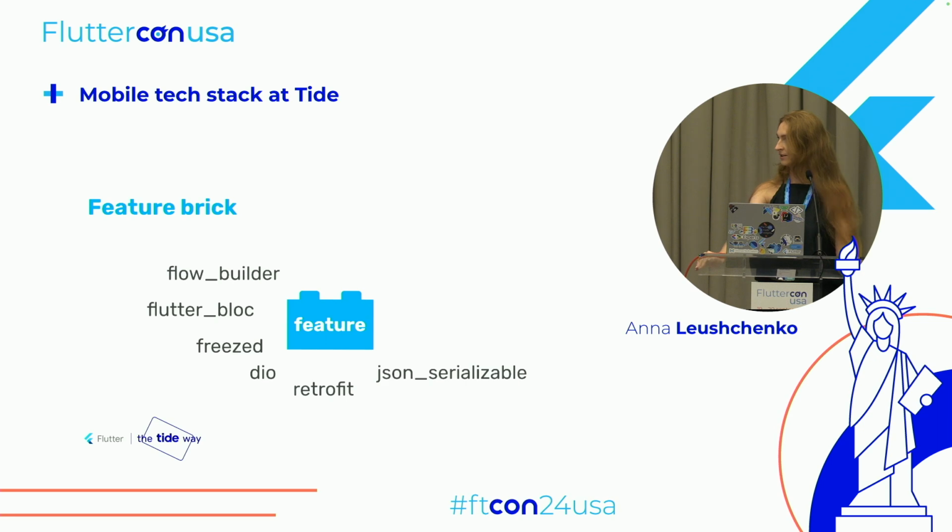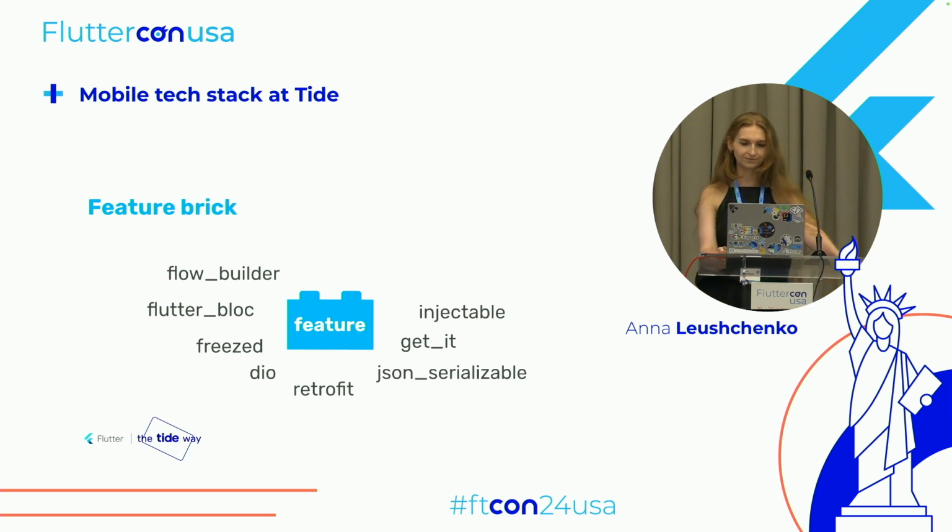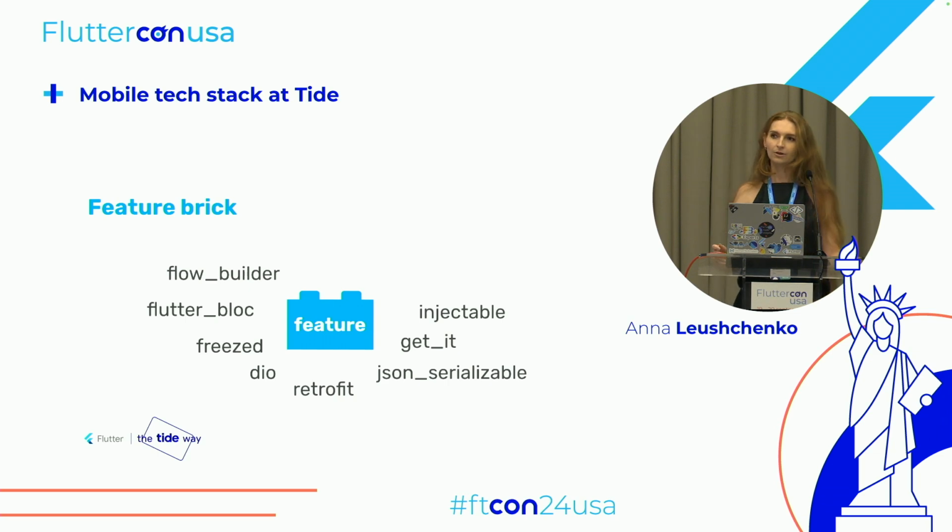Now, to connect APIs and repositories with Bloc, we use the GetIt and Injectable packages to help us efficiently implement constructor dependency injection. Also, Bloc is where the error handling is happening. And instead of throwing and catching exceptions, all of our repositories and use cases return a special class that contains either data or an exception.